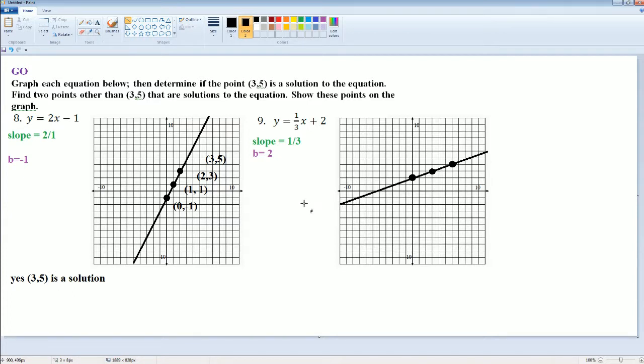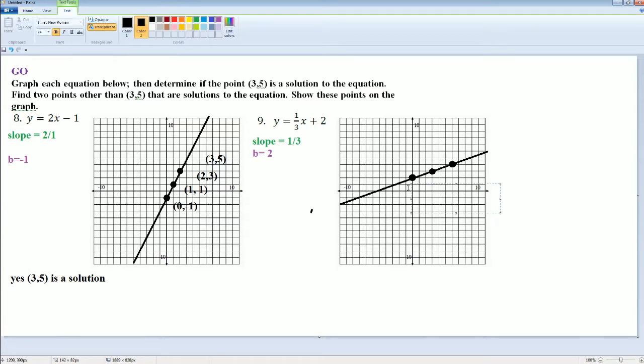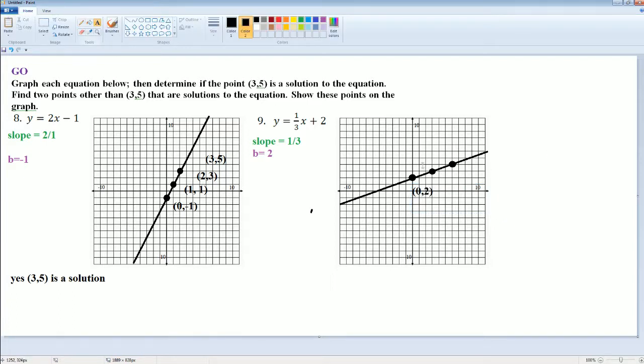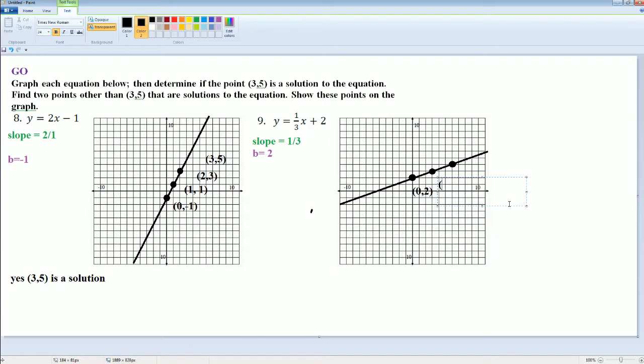Alright, so let's see the points. The y-intercept here is at 0, 2, and we just keep going on the slope. The next ordered pair looks like we add 1 to the y and 3 to the x.